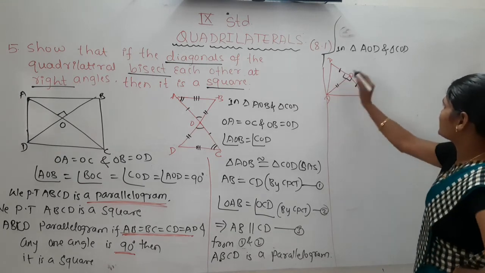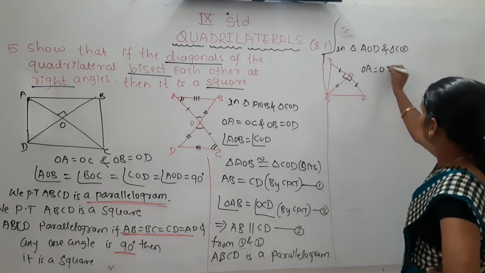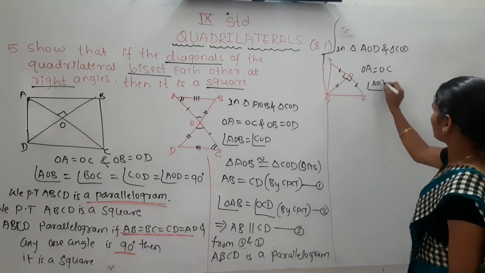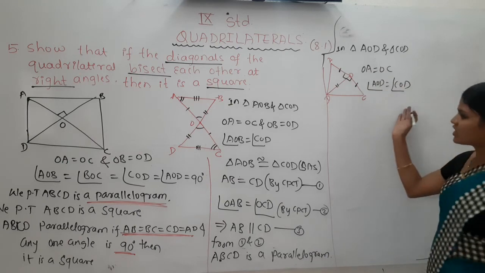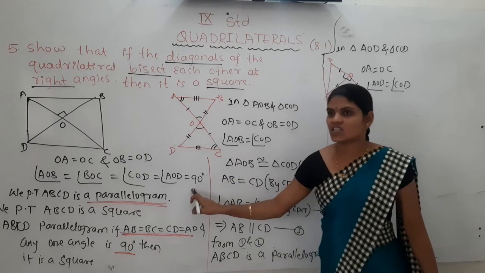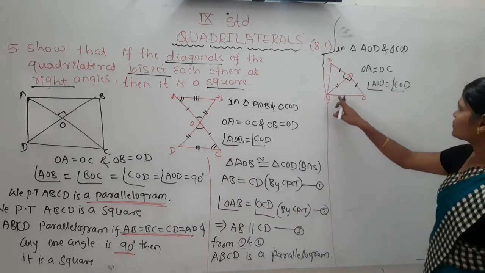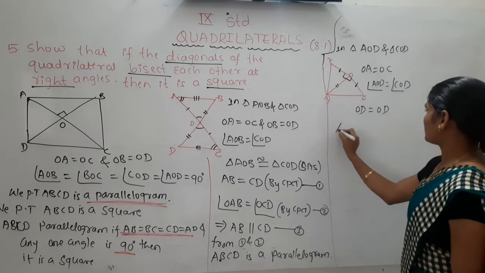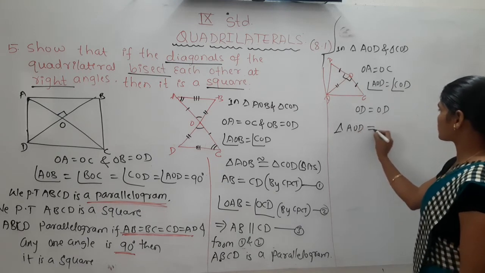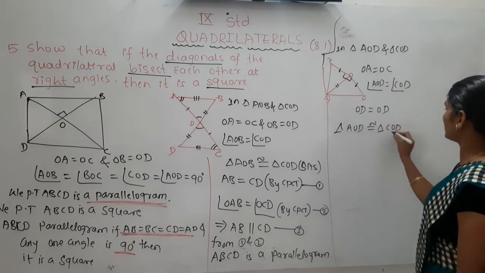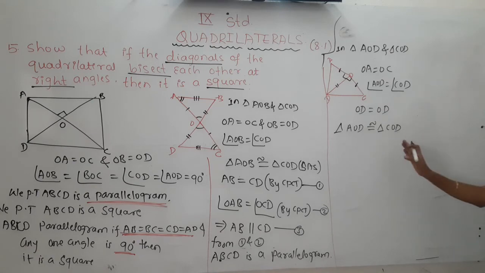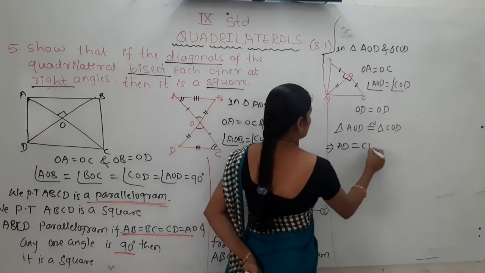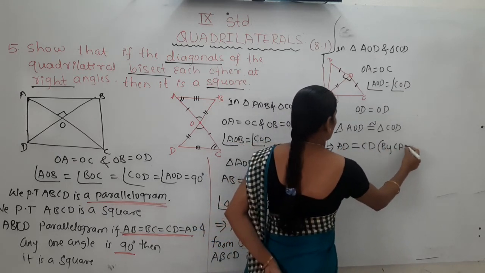Yes, come here. In this triangle, OA equal to OC is a given thing, and angle AOD is equal to angle COD, it is also given. Why? Because they intersect each other at right angles. Next, OD is the same as OD because it is a common arm. Then we can conclude triangle AOD is congruent to triangle COD. If these two are congruent, then AD is equal to CD by CPC.